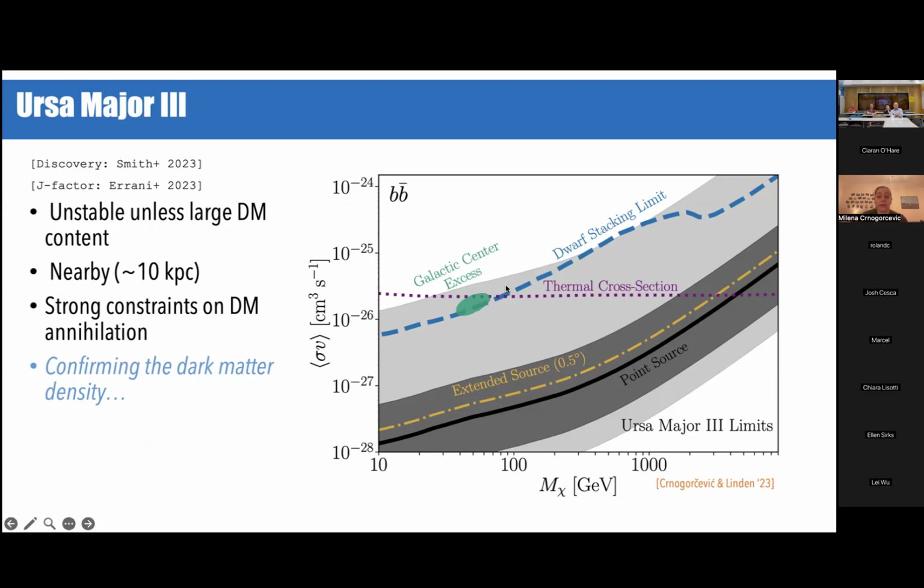This is a very strong limit, on the order of about an order of magnitude stronger than the dwarf stacking limit, but also by and large excludes the galactic center excess to be described as dark matter annihilation. Now, this is a very strong statement.